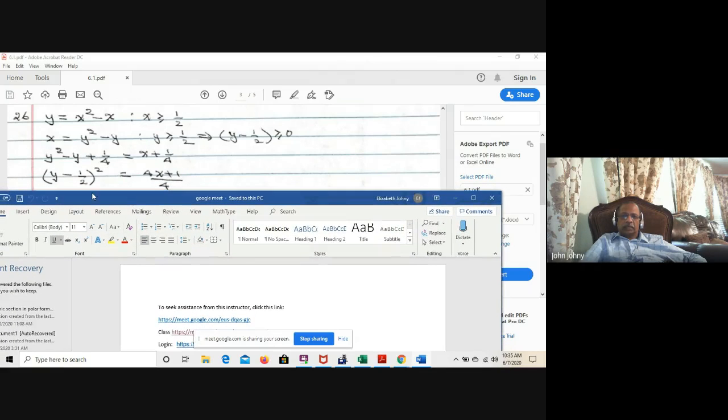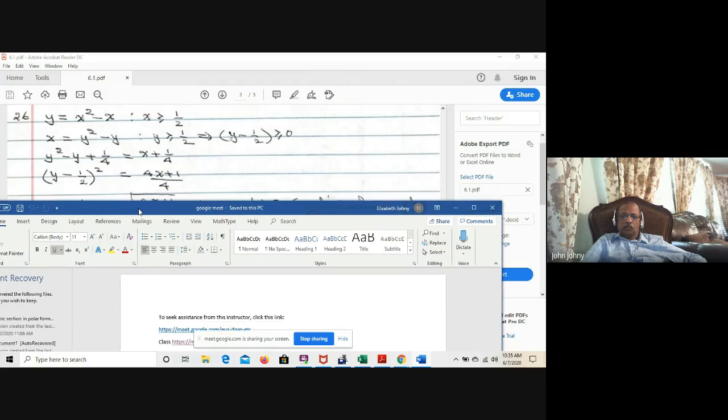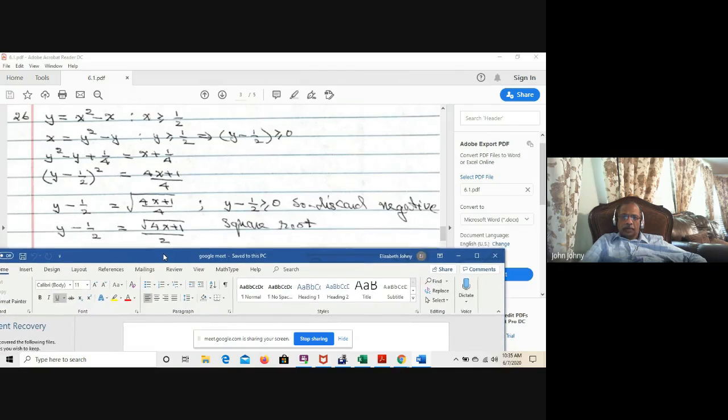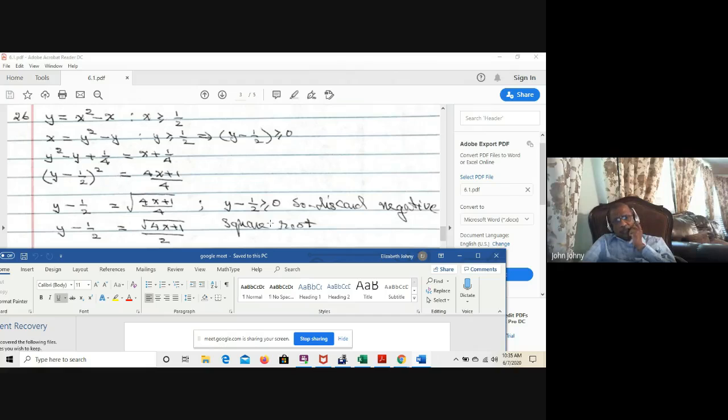Factor the left side. (y minus 1 half) the whole squared is equal to (4x plus 1) whole divided by 4. So y minus 1 half is the square root of (4x plus 1) whole divided by 4. You can discard the negative sign because y minus 1 half is always positive in this case.